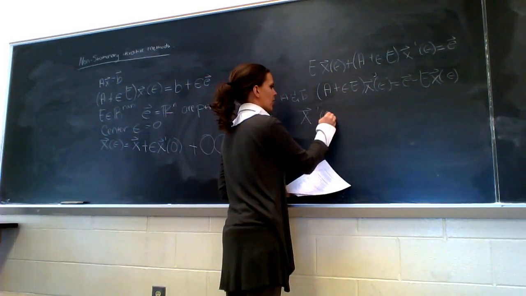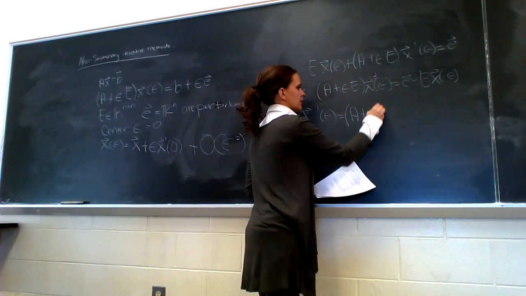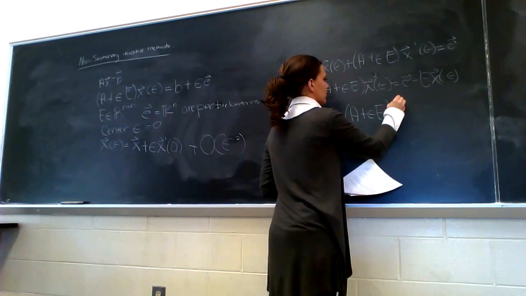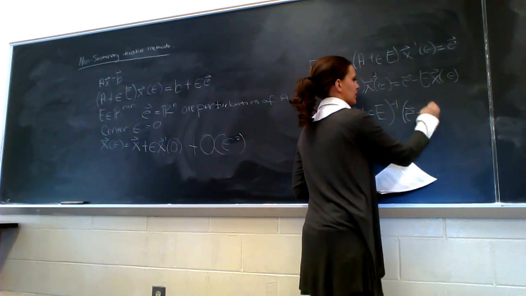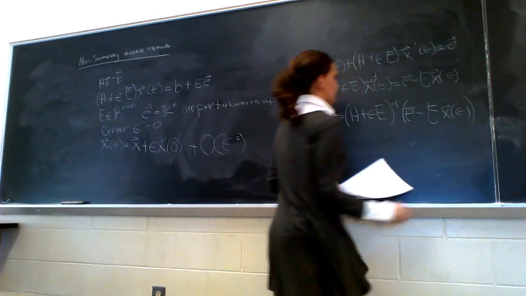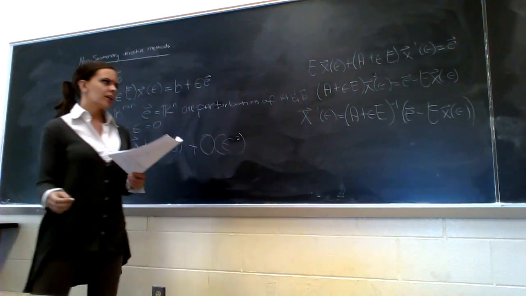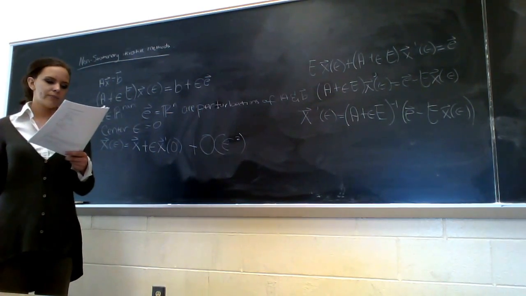So I get x prime of epsilon equals A plus epsilon E inverse times e minus E x of epsilon.